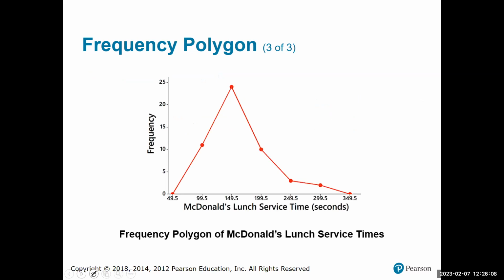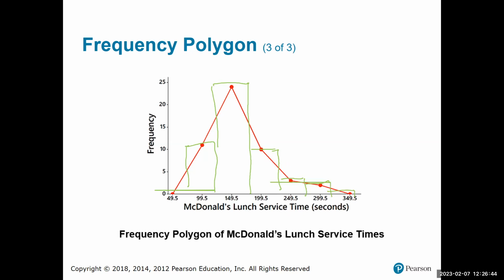Are they going to show us? Okay. So this one is a frequency polygon of McDonald's. This is the McDonald's data again. So instead of having a bar here, they're going to have a point. Instead of having a bar sort of here, and one here, kind of move this, and one here, and one here, one here, and one here.